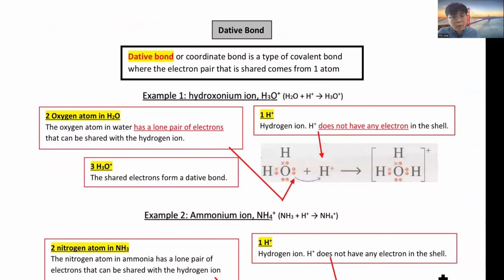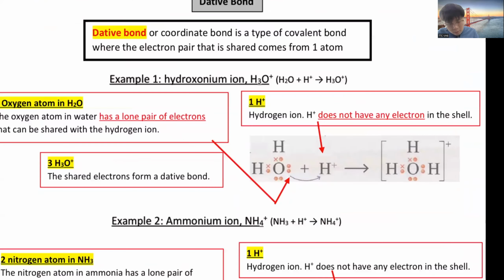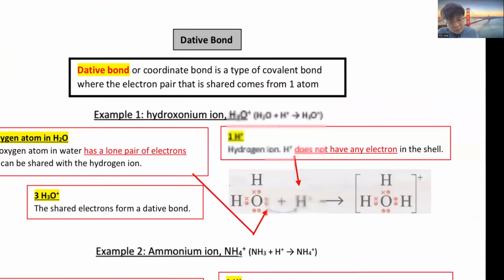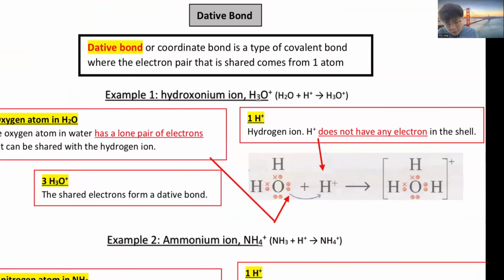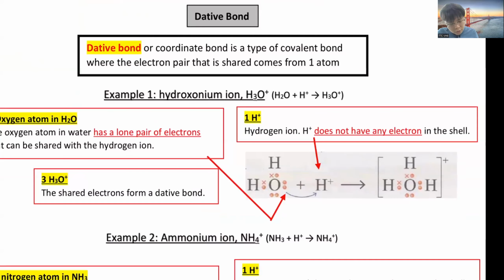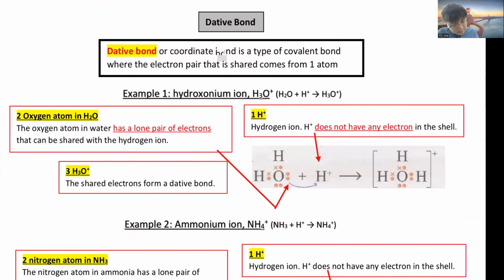Then about dative bond. For the normal covalent bond, you take out one to share, I take out one to share, each of us takes out one to share. But for dative bond, both electrons actually come from one side. Why does this happen? Because hydrogen ion doesn't have any electron in the shell.